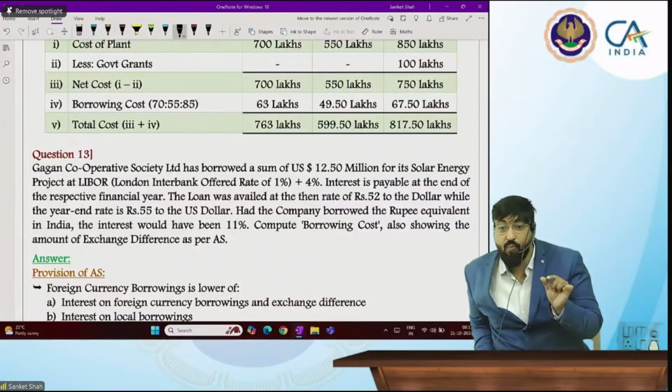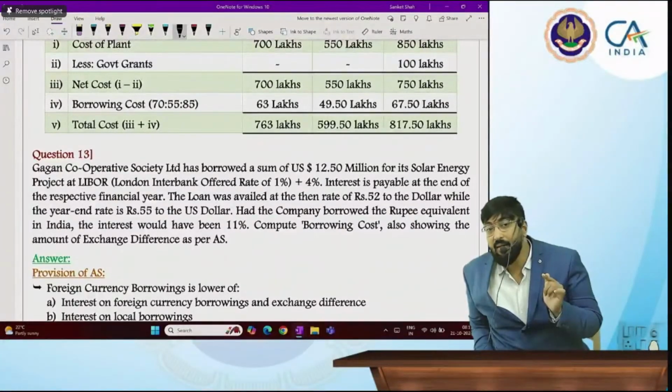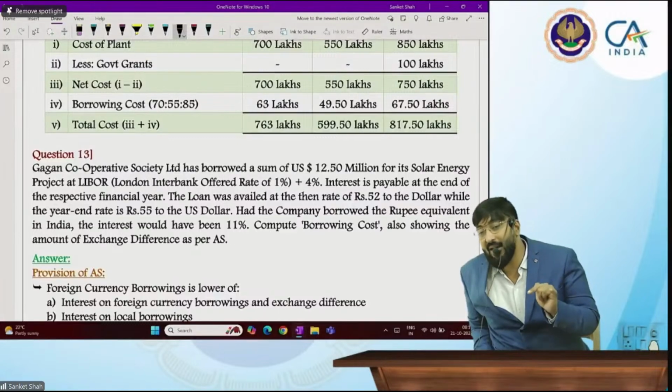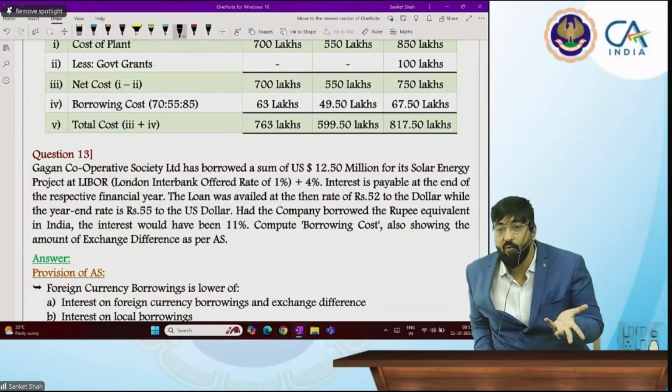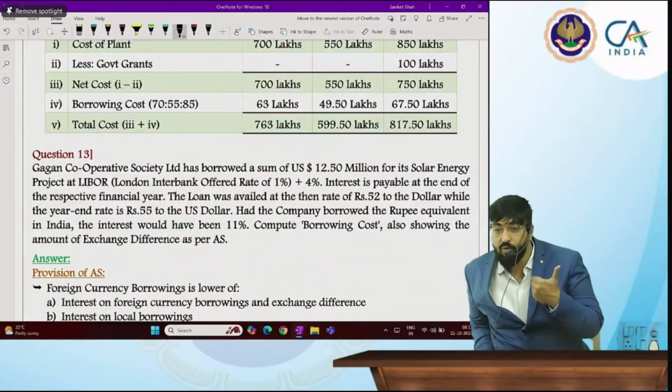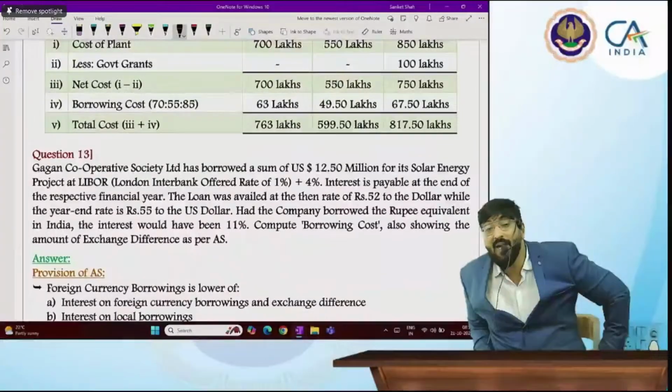RBI will give you a base rate, a minimum rate, and banks will add their margin. Who will add the margin? Banks. They are also doing one type of business, no? They also have to pay deposit holders. Okay. So we have Mumbai Interbank Offer Rate, MIBOR.